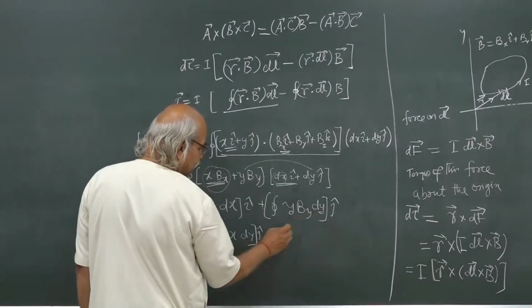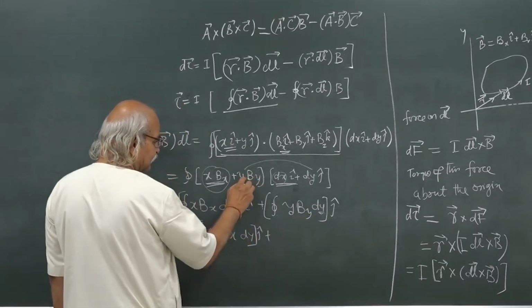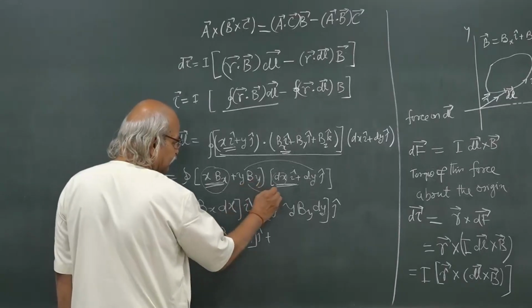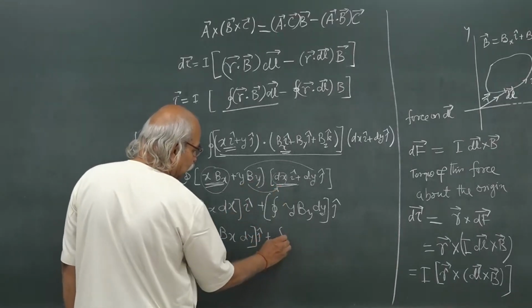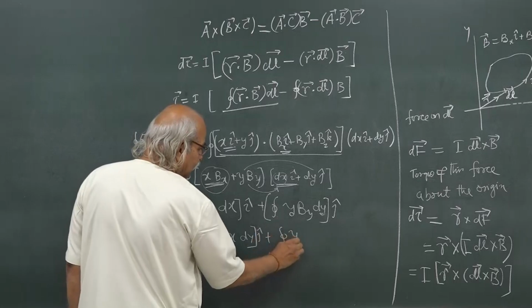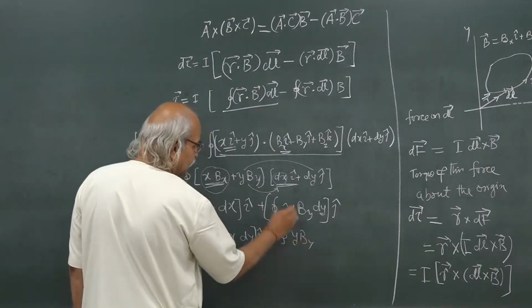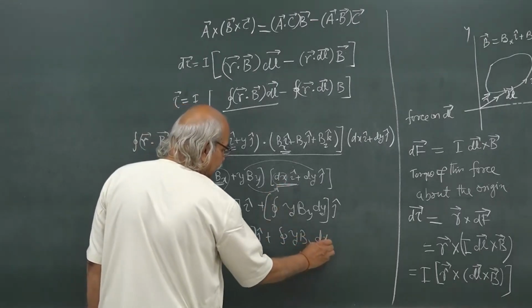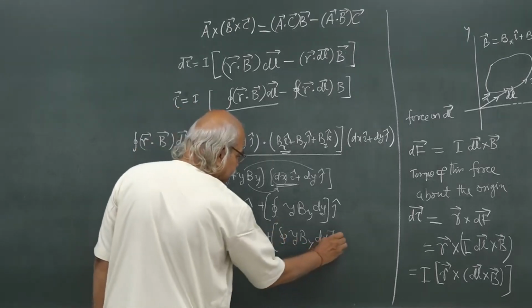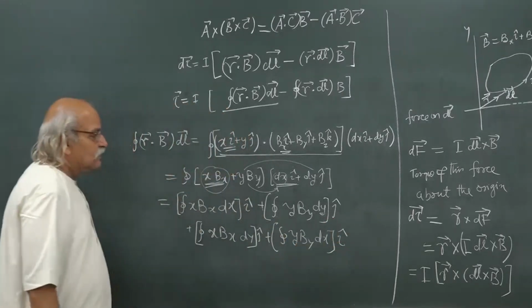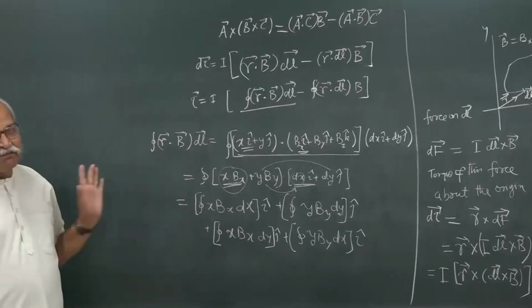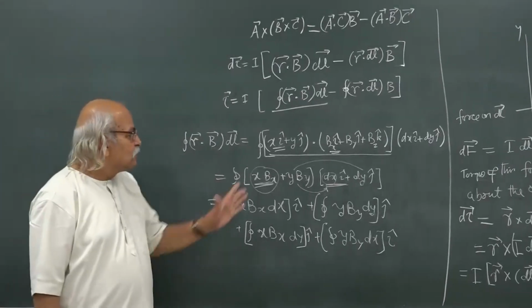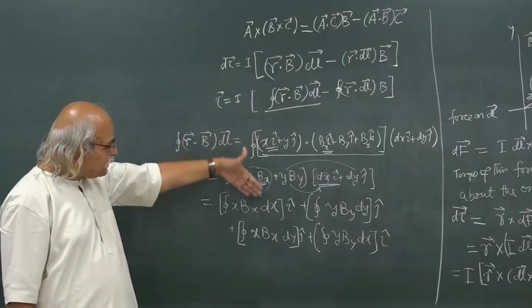What is left here? This one is left, right? So integration of y by and then dx, and this is i cap. Lot of algebra, but simple algebra. You can just do it step by step and you get this.